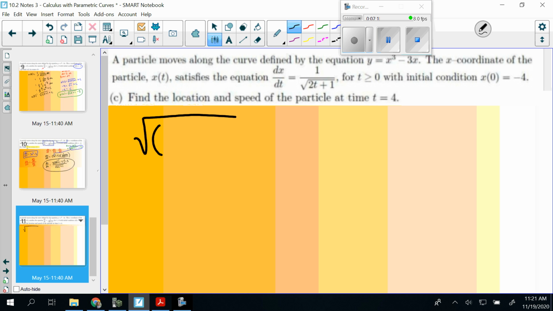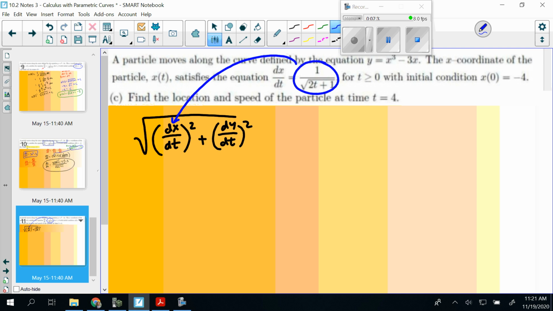So it'd be the square root of dx dt squared plus our dy dt squared. So our dx dt, we know that right here. We can substitute that in. Our dy dt from part B, we know.